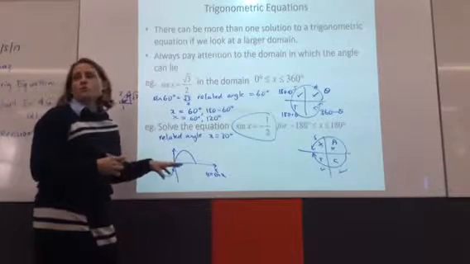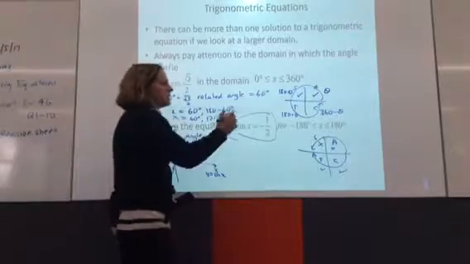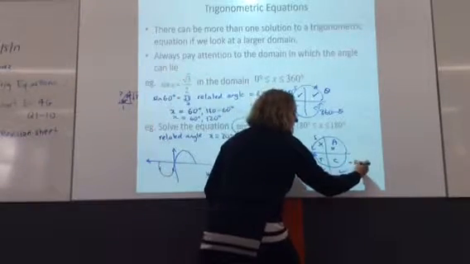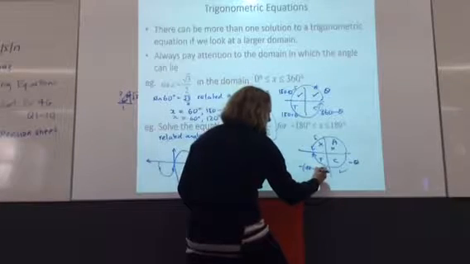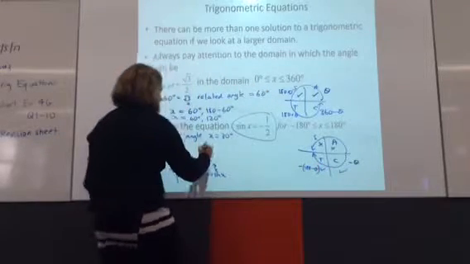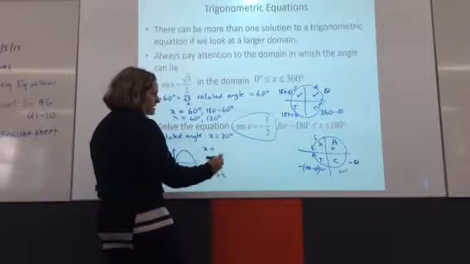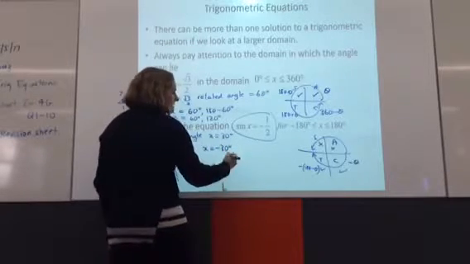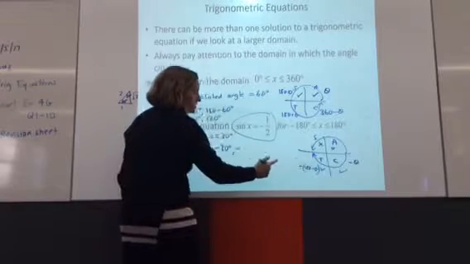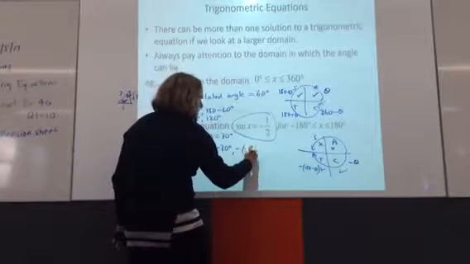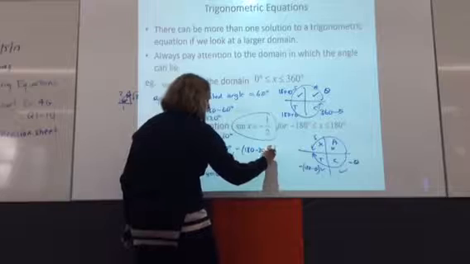If I don't want to draw the graph, I can think about it like this. For negative angles, it's minus the angle in this quadrant, then it's minus 180 minus the angle in that quadrant. So my solution for x is going to be minus 30 degrees. And then in the quadrant here, which is the third quadrant, it's going to be minus 180 minus 30.